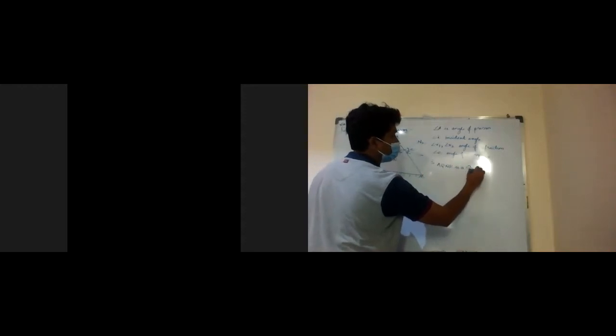Now we will start. Taking A, Q, and R, I will take N as a point. This is a normal. The two normals intersect at N. So A, Q, N, and R form a quadrilateral.